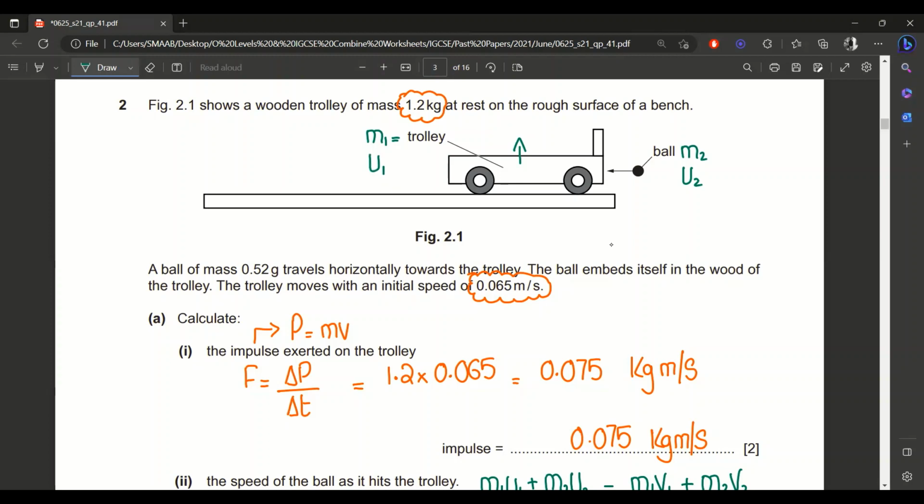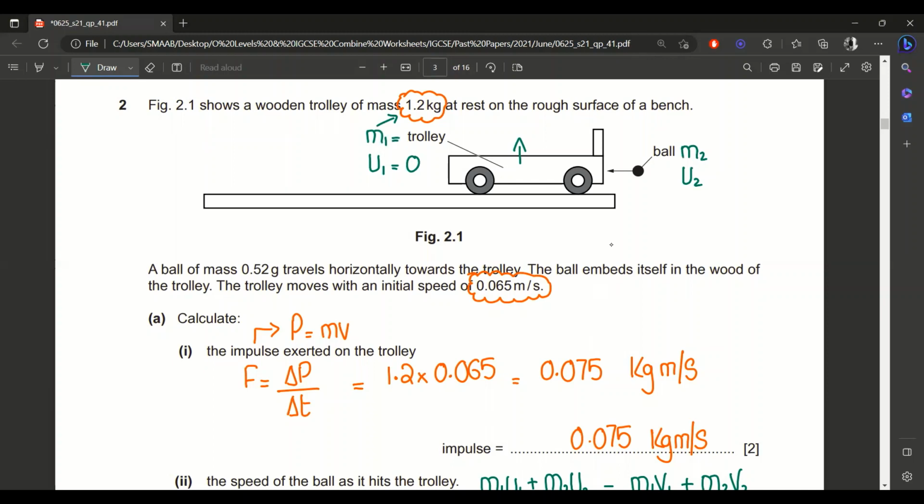So let's suppose the initial velocity of the trolley is equal to 0, because the trolley is not moving, only the ball is going to move and hit the trolley. So the initial velocity of the trolley is 0 and mass is 1.2 kg. So this is the initial momentum for the trolley.